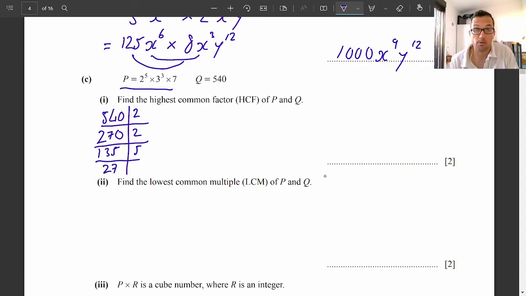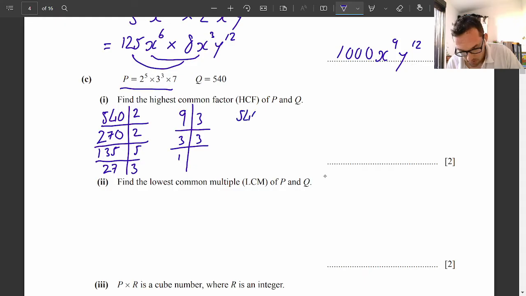We can divide that by 3, which will give us 9. We can divide that by 3, which will give us 3, and we can divide it by 3, which gives us 1. So, meaning that 540 equals, I'm going to put this in ascending order, 2 times 2 times 3 times 3 times 3 times 5.